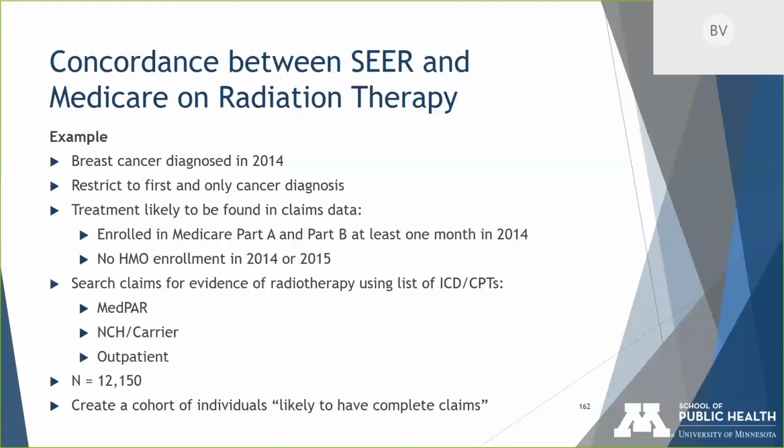We then looked for claims-based evidence of radiation therapy using a comprehensive list of ICD-9 procedure codes and CPT codes from the Medpar hospitalization file, the carrier file, and the outpatient file. This resulted in approximately 12,000 individuals who were likely to have complete claims.